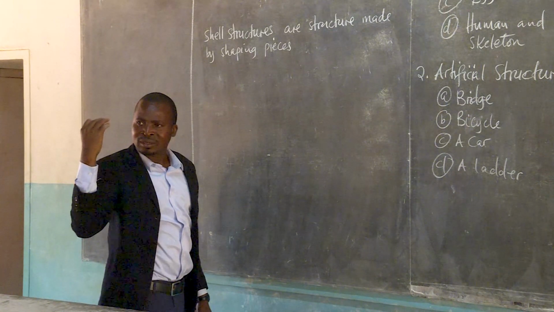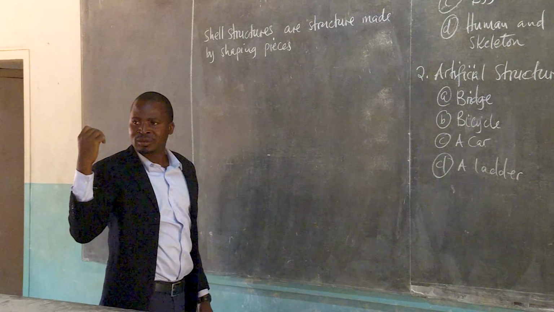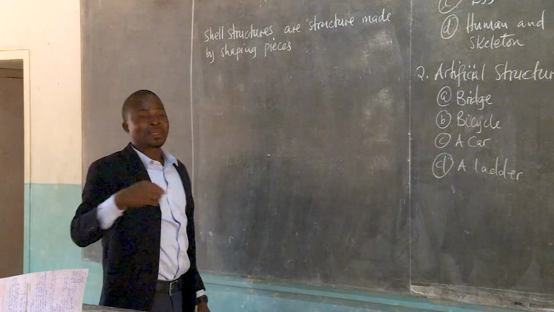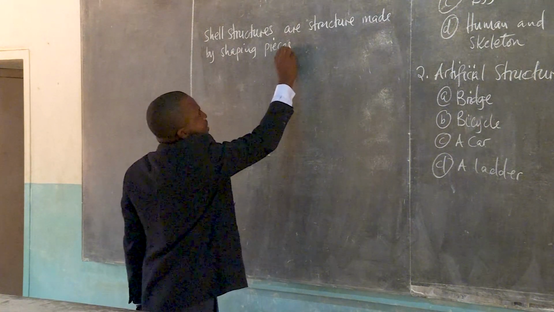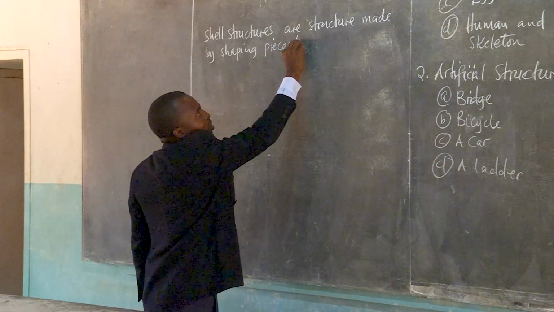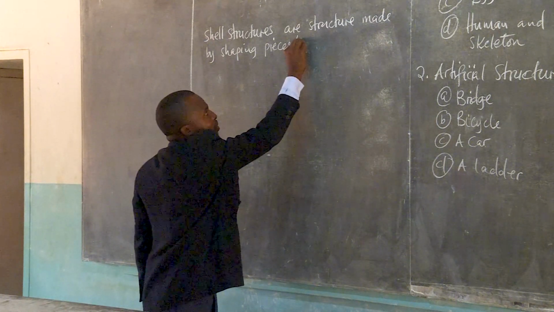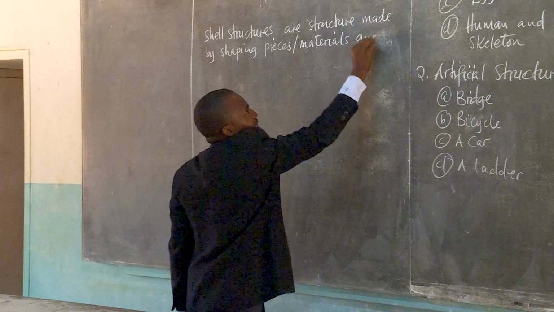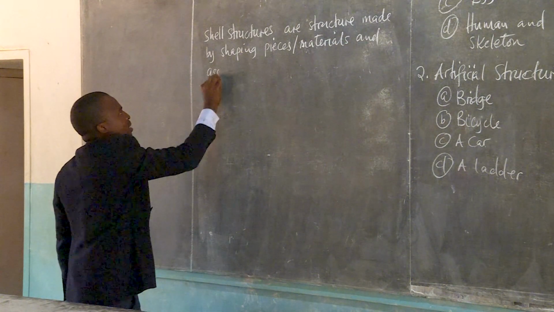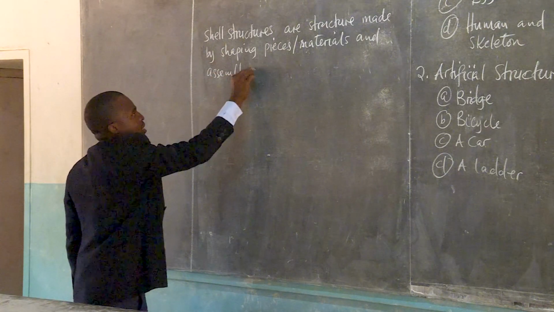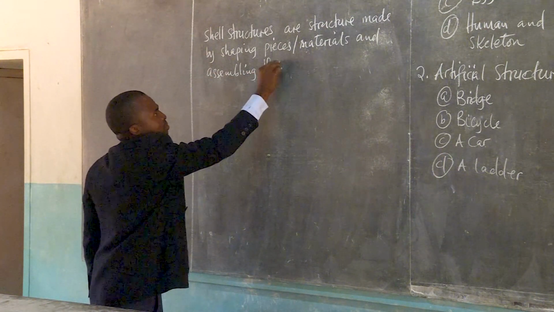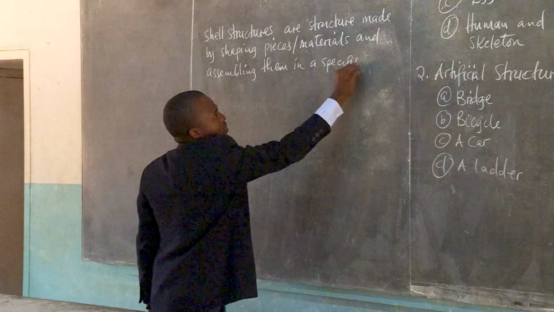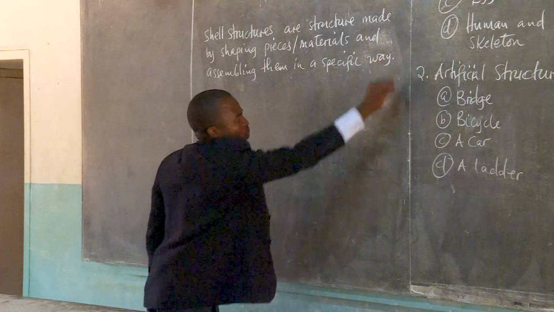These are structures that are made by shaping a sheet of material and shaping pieces or materials and assembling them in a specific way.